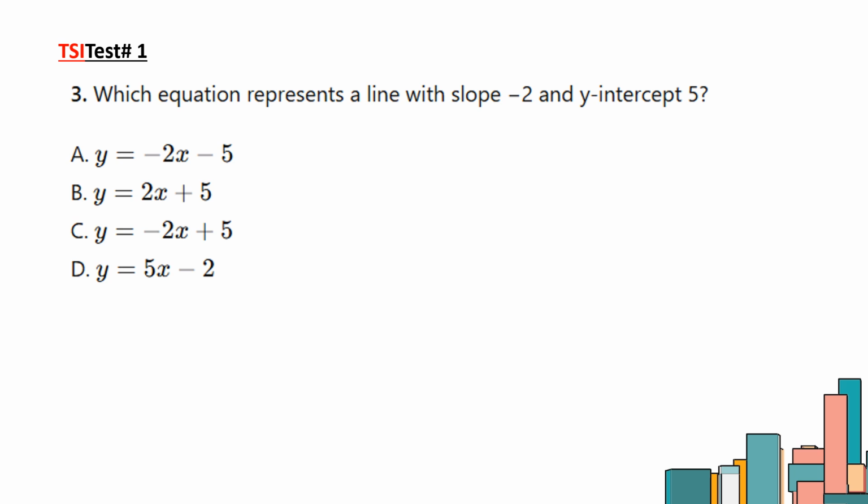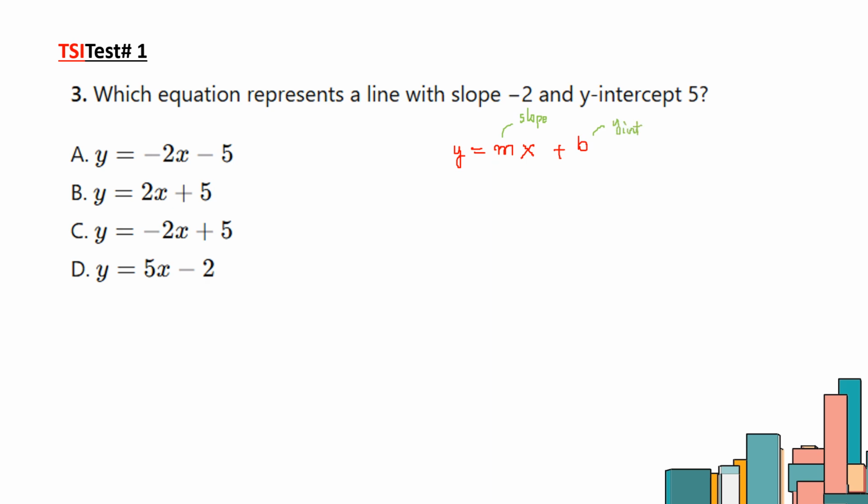Question number 3. Which equation represents a line with slope -2 and y-intercept 5? The linear equation is y equals mx plus b, where m is the slope and b is the y-intercept.